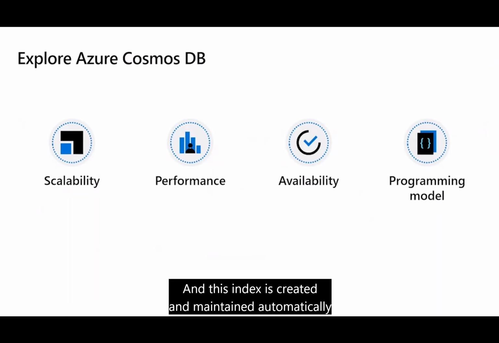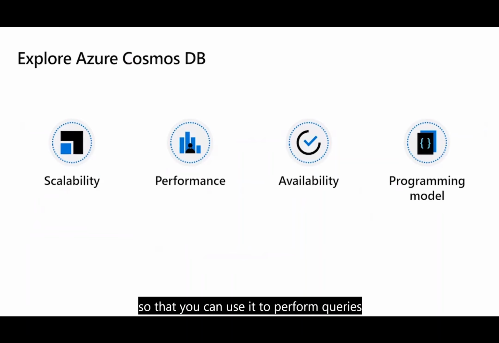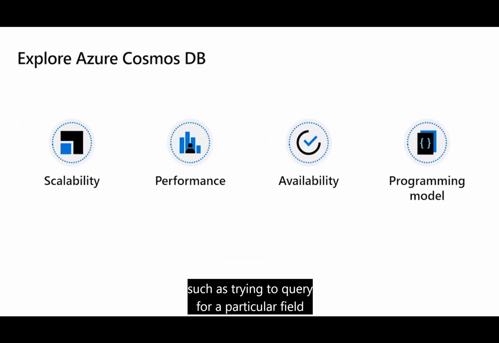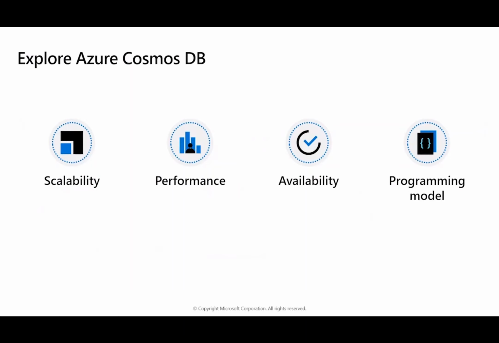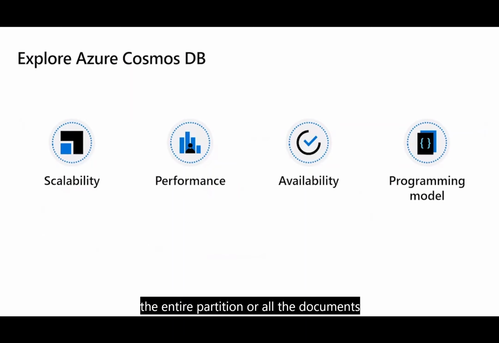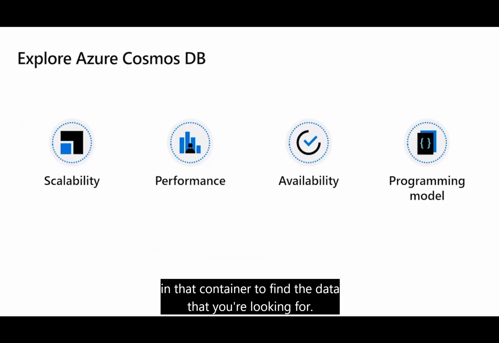And this index is created and maintained automatically so that you can use it to perform queries, such as trying to query for a particular field inside those documents in your container without having to scan through the entire partition or all the documents in that container to find the data that you're looking for.